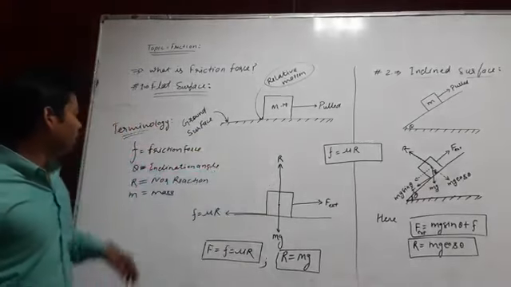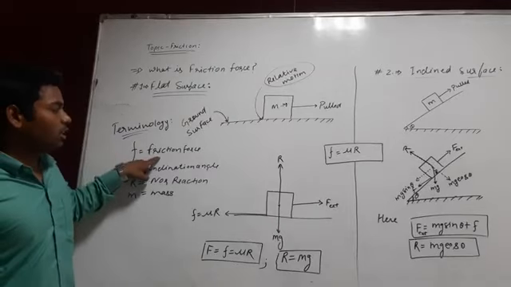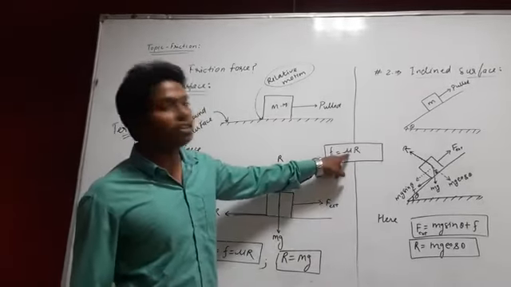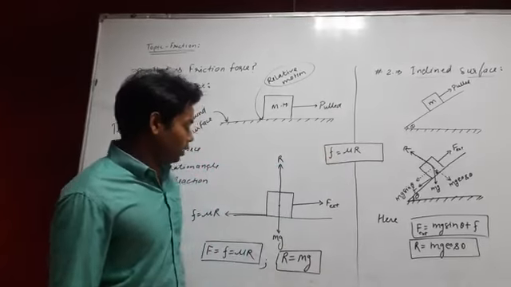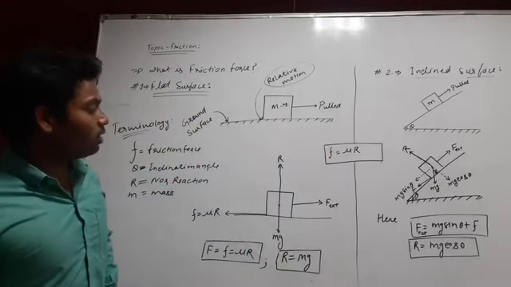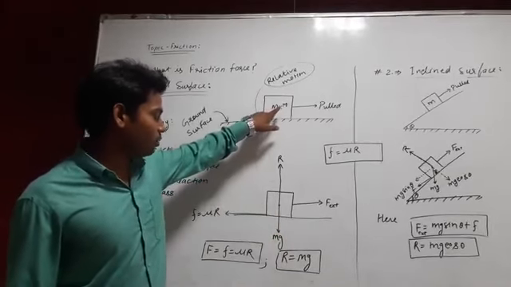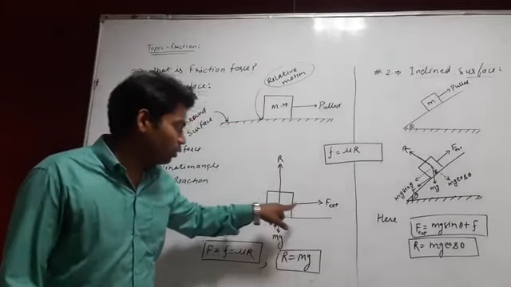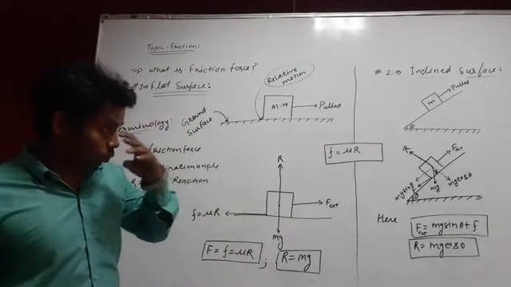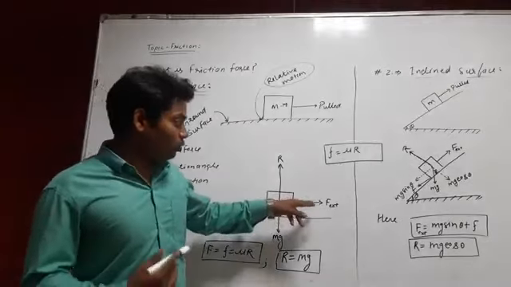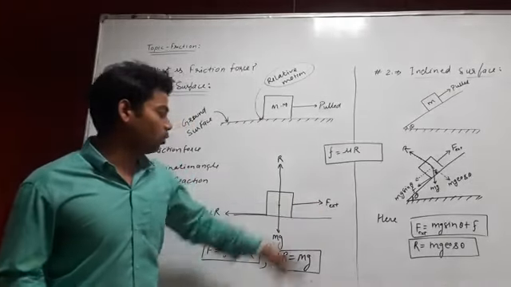As you can see, the friction force F is equal to mu R. Basically this is the formula for the friction force. But in case you have to calculate the external force, like you have a body of mass m, and you are applying a force and need to move it, how will you calculate the amount of force you need to move that box?